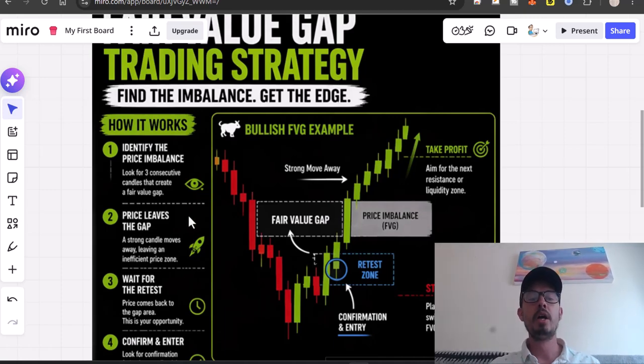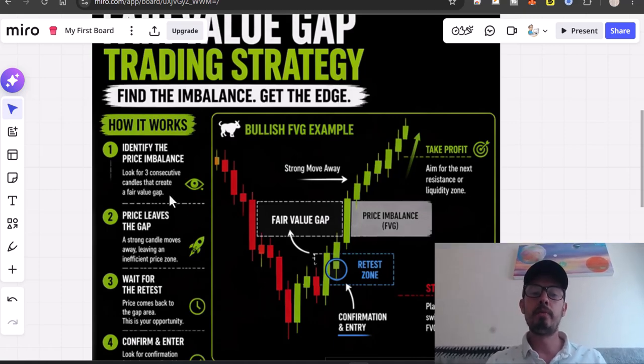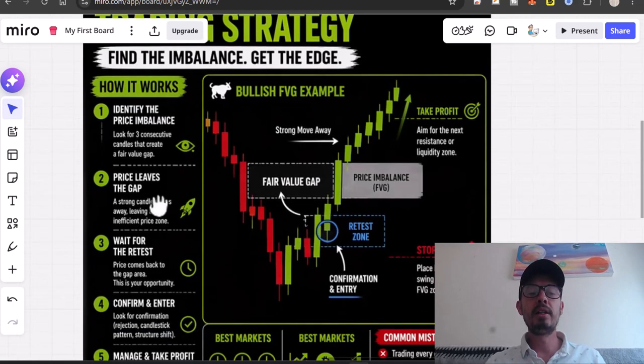Great. Then what we do is, step number one, we look for three consecutive candles that create a fair value gap. Then the price leaves the gap. A strong candle moves away, leaving an inefficient price zone.